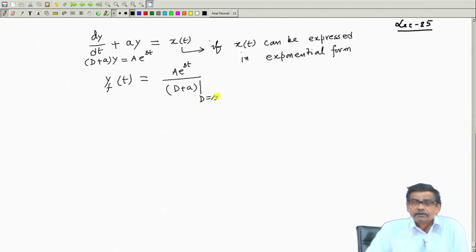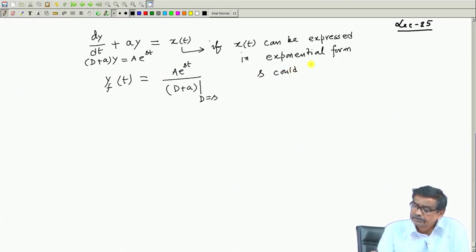Therefore, you save a lot of time to find the solution due to the forcing function when it can be expressed in exponential form. As a special case, s could be imaginary or complex, it does not matter, and I have shown an example of that.